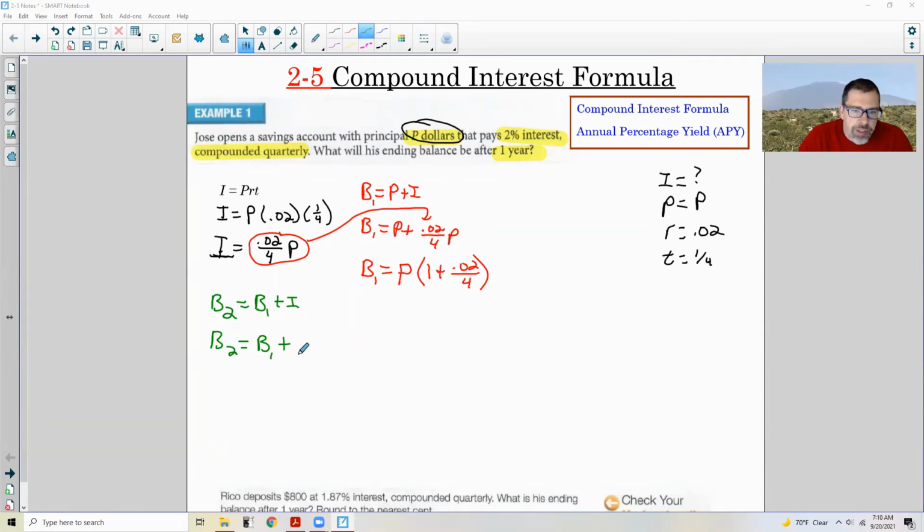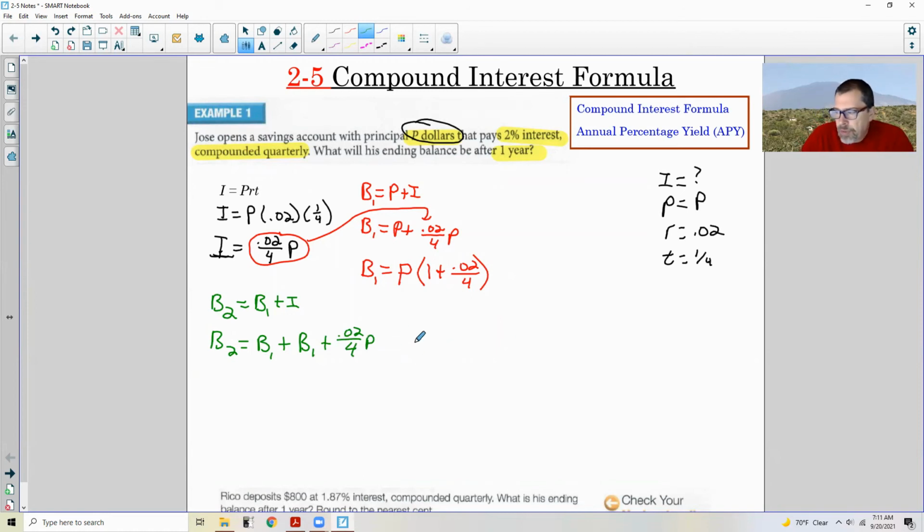Okay, so the interest here would be, so B sub 1 is just this principal times all this. Okay, so that was principal plus interest for B sub 1. So then we take that principal, and then we're going to add the interest for B sub 1, which is going to become B sub 1 plus 0.02 over 4 times P.